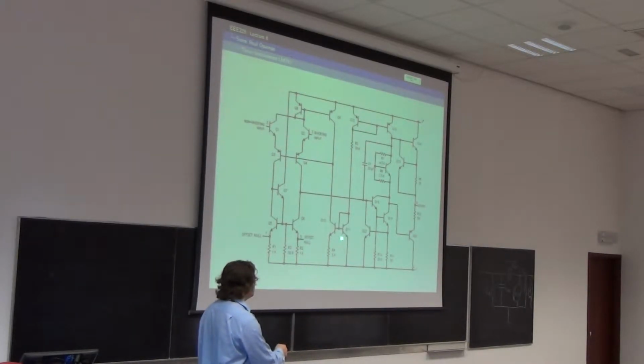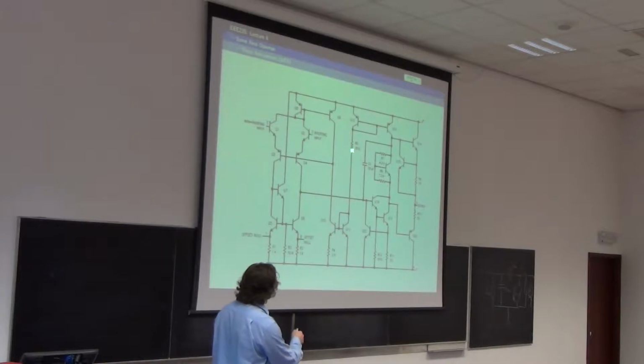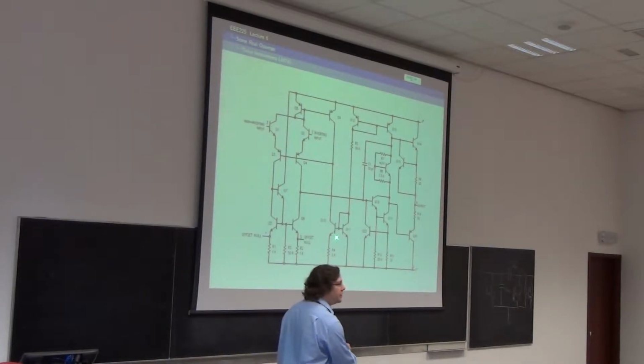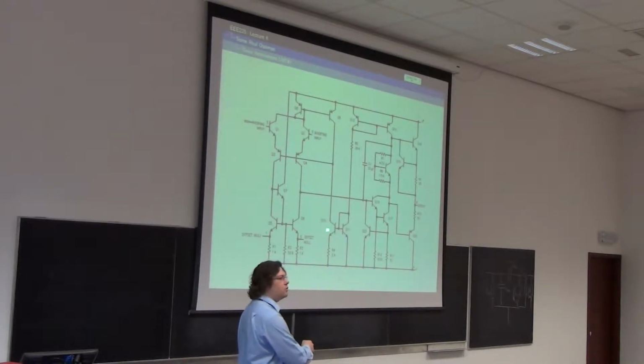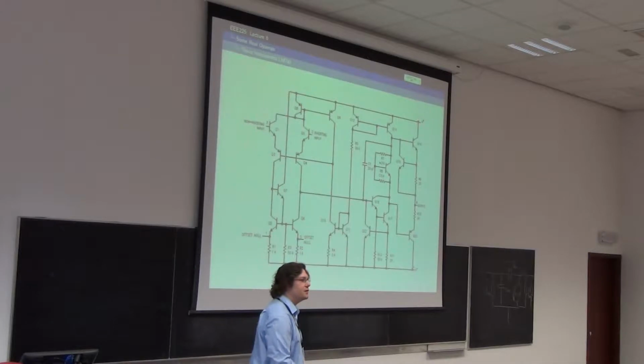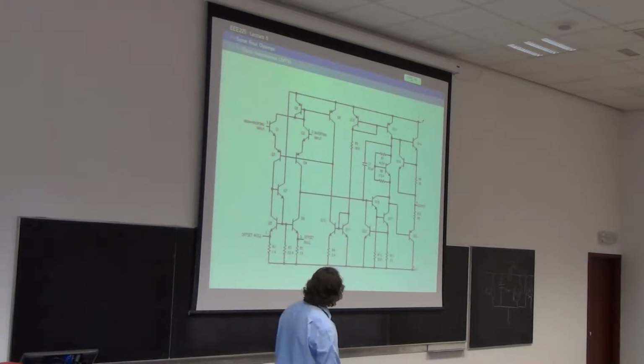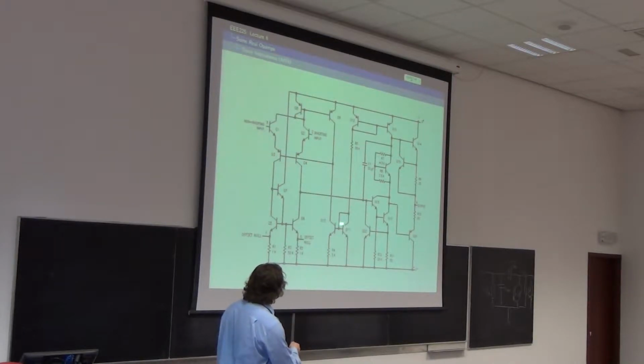So if this transistor is really at 0.7, and it's got the current that's set by R5, this transistor must have a smaller VBE. And if it does, it'll have a smaller collector current because there's an equation for IC in terms of VBE, the exponential one. So that's how you do the ratio of currents through mirrors.